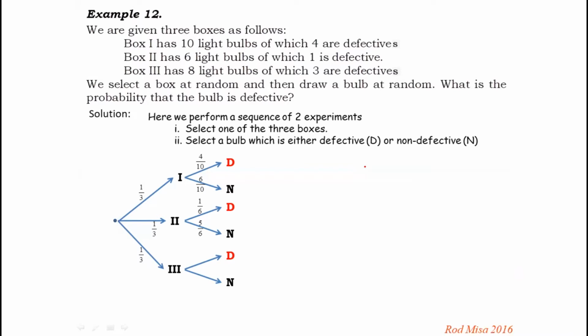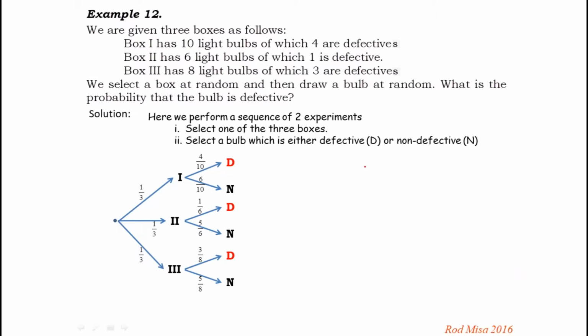Also, if you have chosen box 3, there is a probability of 3/8 of selecting a defective light bulb, since the third box has 8 light bulbs of which 3 are defective. Therefore, selecting a non-defective light bulb from the third box is 5/8.